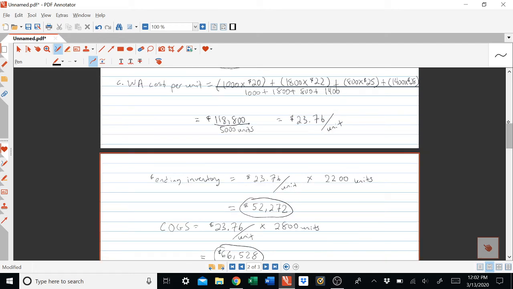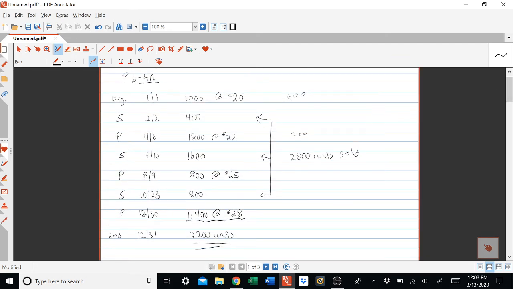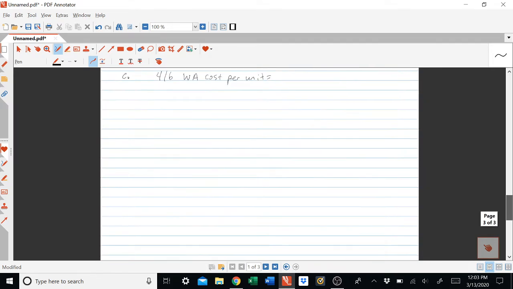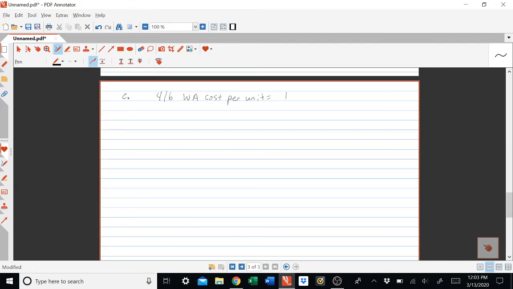As of April 6th, what's the weighted average cost per unit? It's just the cost of goods available for sale as of that date divided by the number of units available for sale. So 1,000 times 20 plus 1,800 times 22 divided by 1,000 plus 1,800.